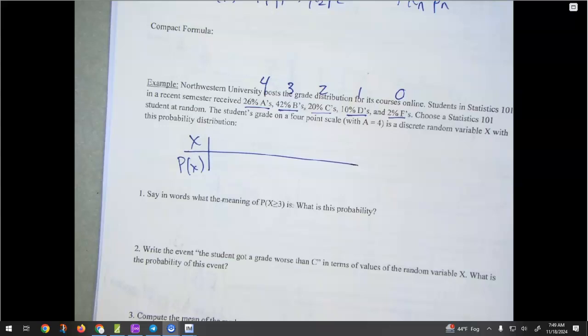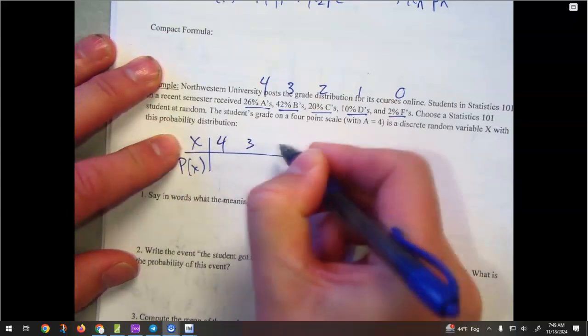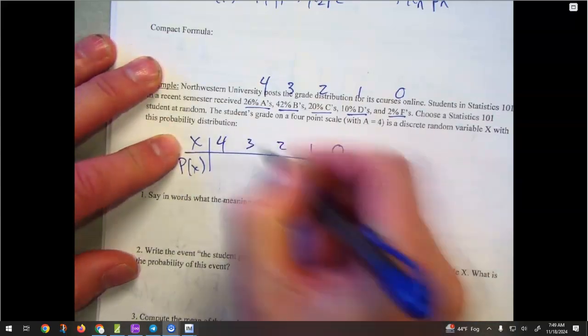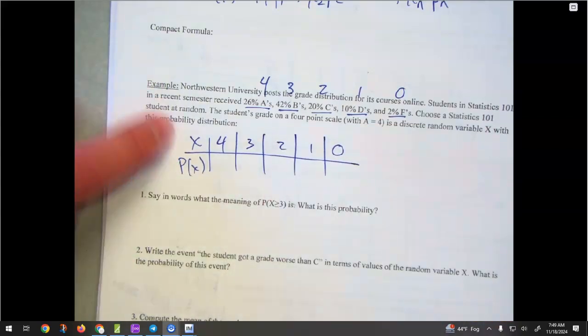What are the possible outcomes? Those aren't numbers. I can't do 0.2 times A. So it's 4, 3, 2, 1, 0. It's just like converting your grade. A is 4, right? So those are the outcomes.